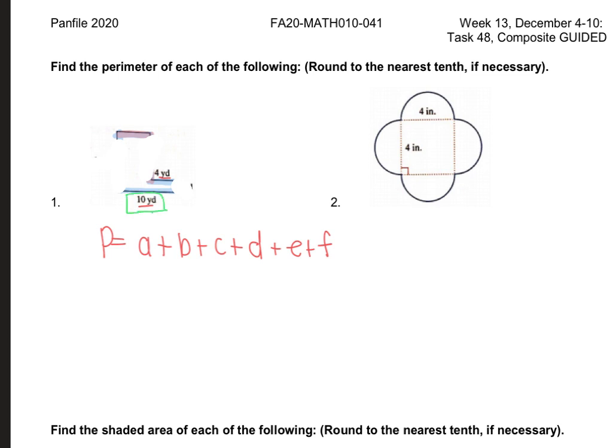Now, if I look at this one and this one, if you slid this one down here, it would basically make this end and this end equal, right? So in doing so, that allows me to say, if I have this as 4, what's this piece going to be over here?